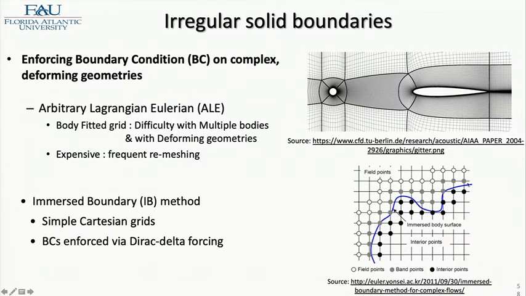Okay? And each scheme differs in how it will enforce the presence of the body, enforce the influence of the body on these gray shaded areas. And that's basically what makes each scheme different.